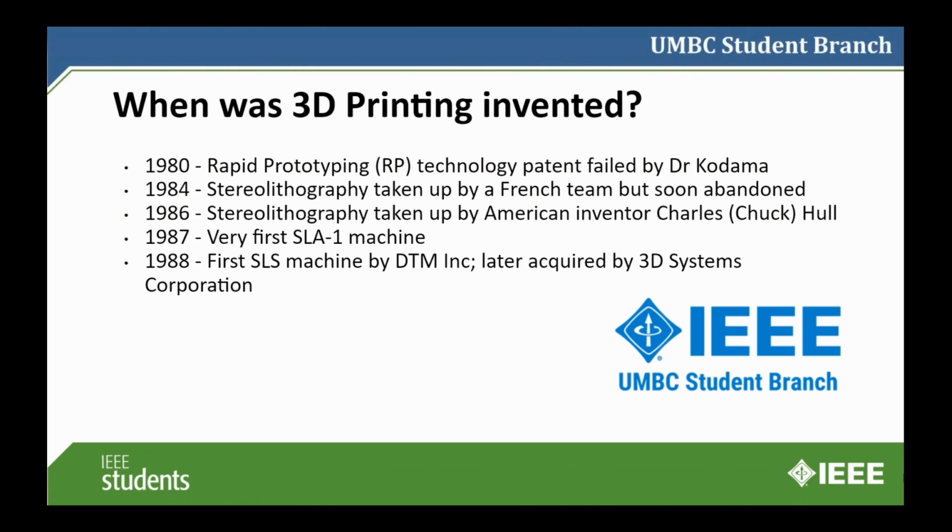Same thing with stereolithography, which is similar to what Dr. Kodama did, but the people that created stereolithography used a laser, and that laser would harden either liquid or different types of polymers, following the same instructions.